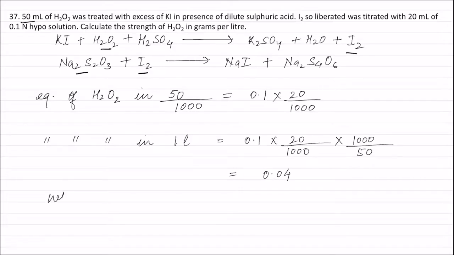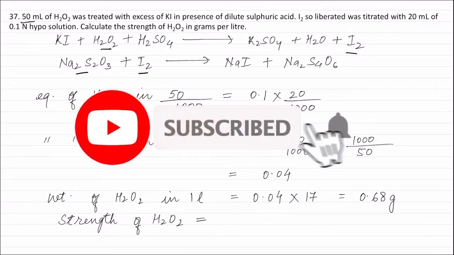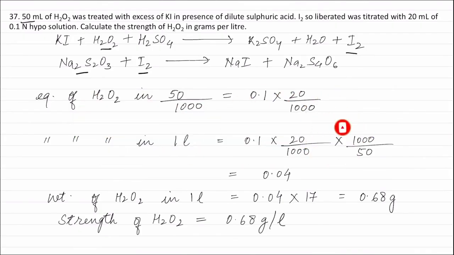Therefore, weight of H2O2 in 1 liter is equal to equivalence of H2O2, that is 0.04 equivalents, into equivalent weight of H2O2. The equivalent weight of H2O2 is 17, and this is equal to 0.68 grams. Therefore, strength of H2O2 in grams per liter will be equal to 0.68 grams per liter.